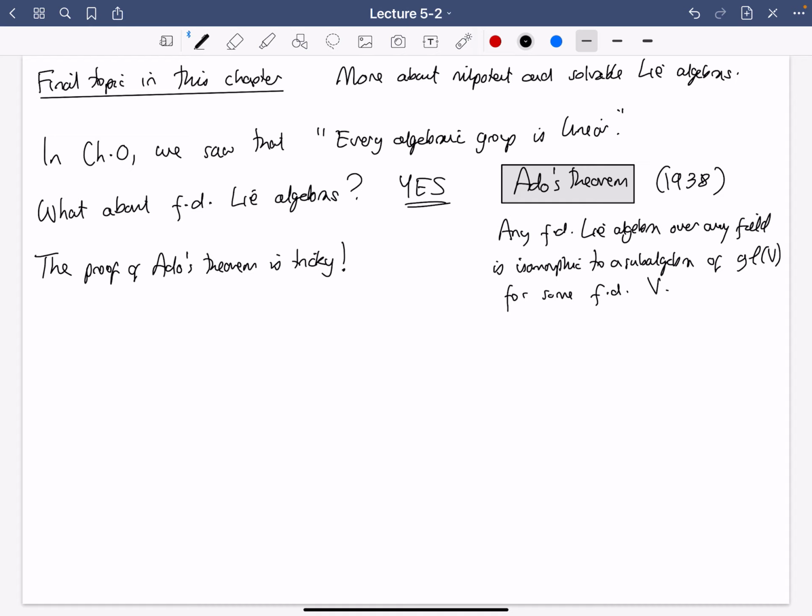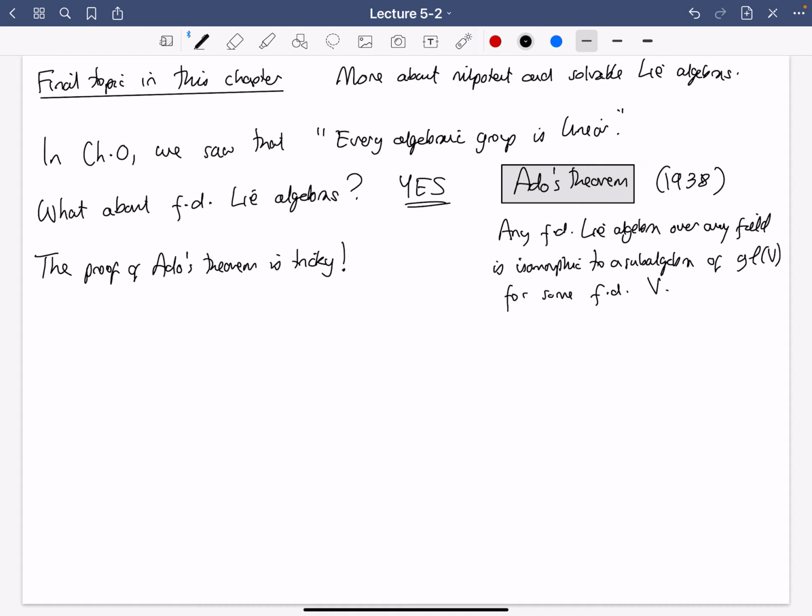Most of this theory of Lie algebras was in place at the end of the 19th century. Work of Killing and Cartan was significantly earlier than Ado's theorem. So that points to the fact that this is actually a bit of a stumbling point in the theory, working out how to prove this.